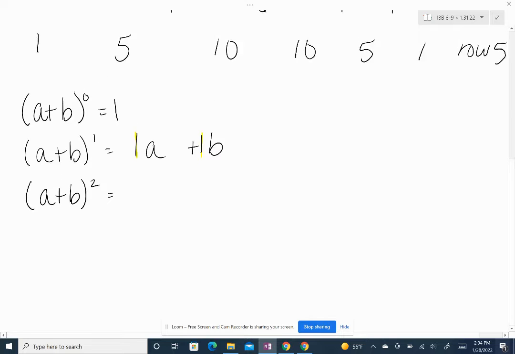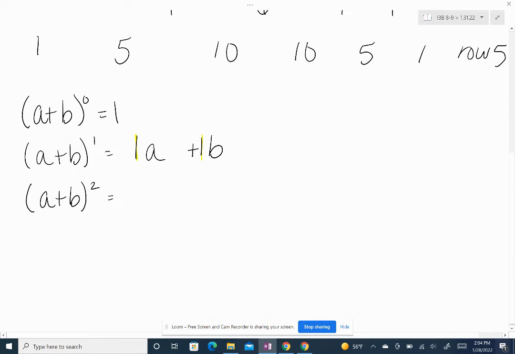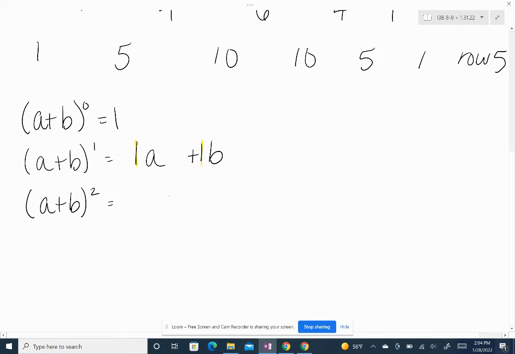So those are still going to represent our coefficients, but the way it works is that you're going to have a to the highest power, which is 2, and then you're going to have b to the power of 0, plus a to the power of 1. A is going to go down 1.